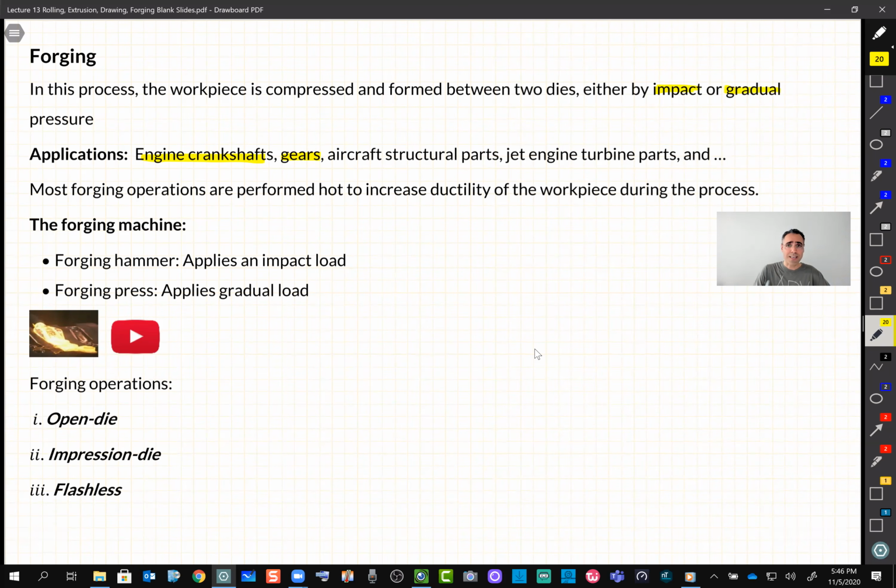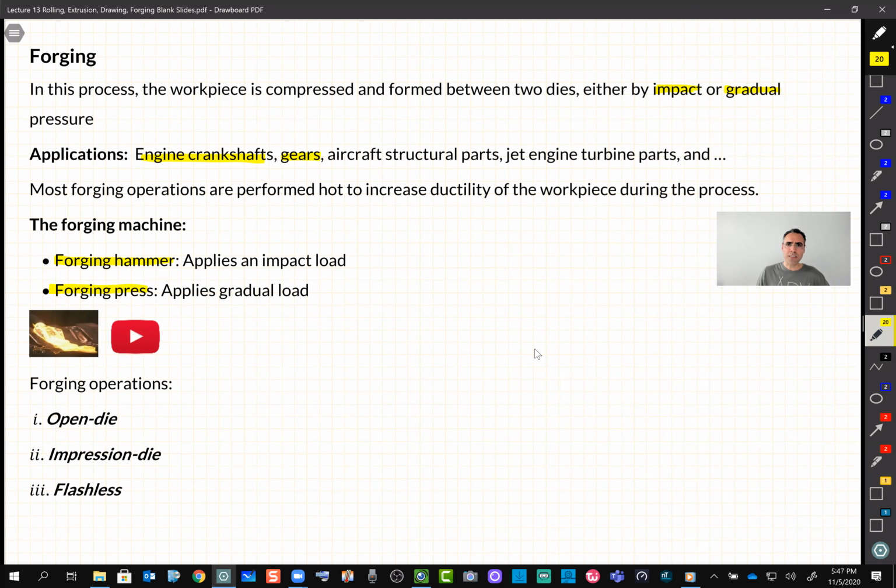Impact, more like in that TV show when they make knives, or 1,000 or 2,000 years ago, when they made knives or swords or other tools, they used hammering. Or it can be a gradual load, depending on what we do. The machinery is either a forging hammer or a forging press, just terminology that we will use.